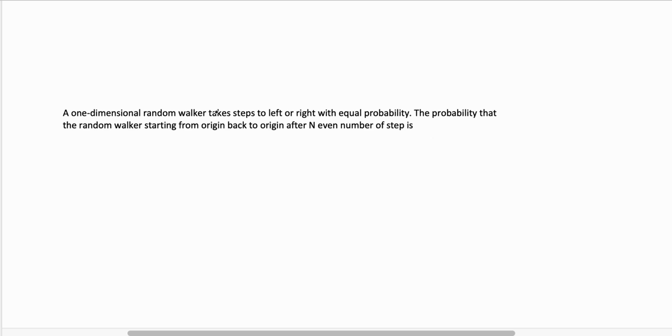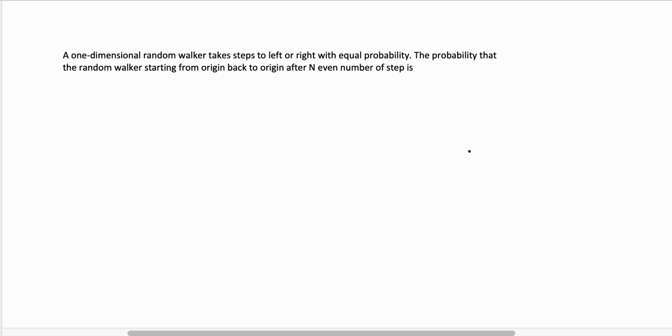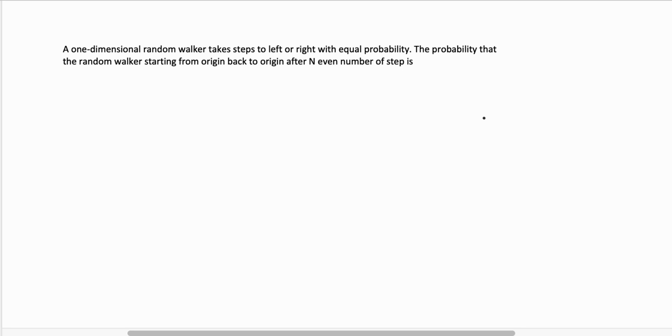A one-dimensional random walk takes steps to the left or right with equal probability. The probability that a random walker starting from the origin is back at the origin after n, an even number of steps, is... Here it is said that there is a random walker who can go to the right side with probability half, or to the left side with probability half.